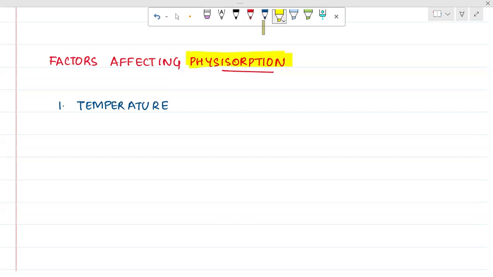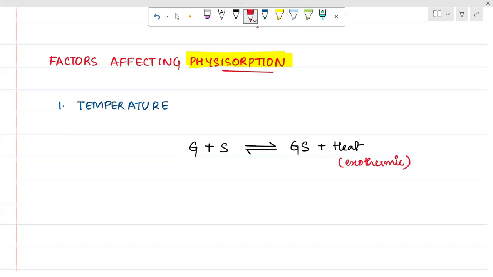Physisorption. Okay. Now see, if you have a gaseous molecule which is being adsorbed on a solid surface, we said that physisorption is reversible. It reversibly forms a gas-solid complex and it releases heat because adsorption is exothermic. We already said that.